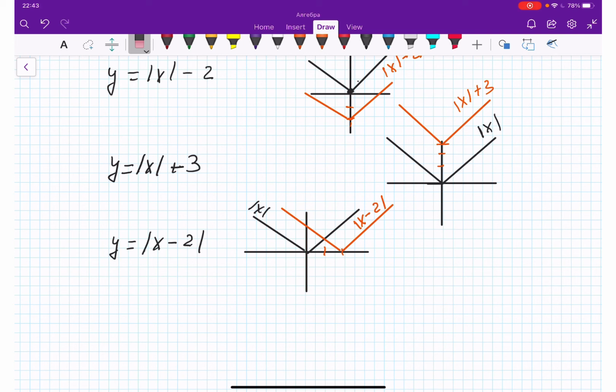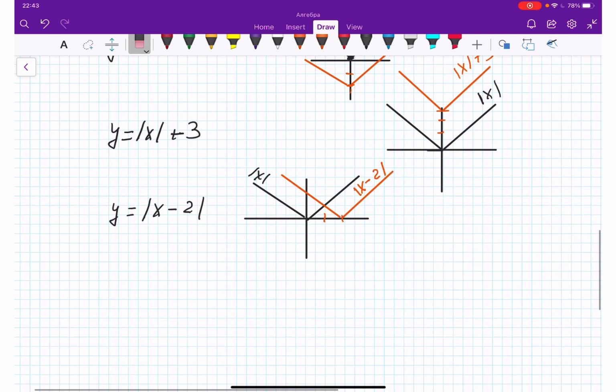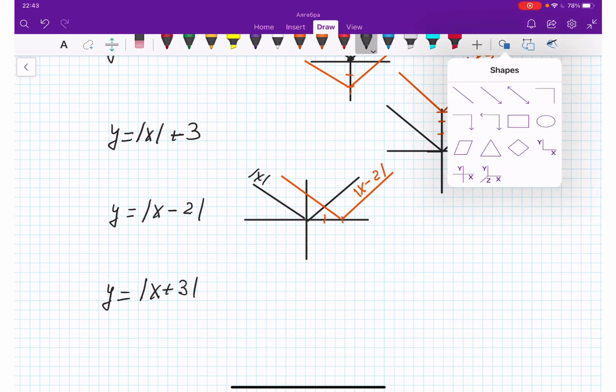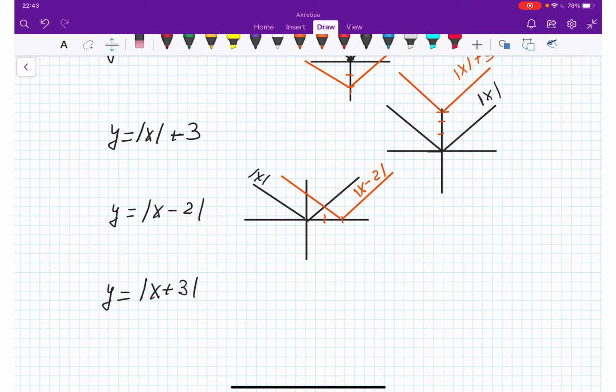Now let's do x plus 3. y equals absolute value of x plus 3. So in this case, this is my absolute value of x.